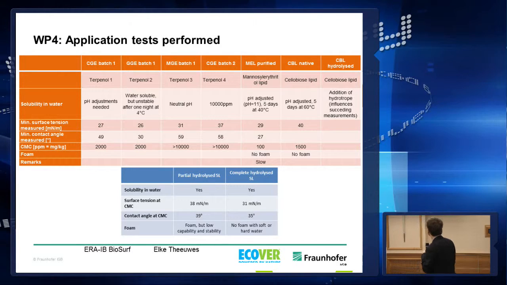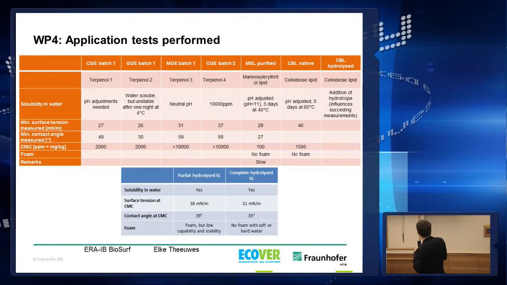Okay, here you see one chart of several compounds that went into these testings. On the bottom, the blue parts, the sophorolipids, are already part of products from EcoVer, so you here see them as a comparison. Surface tension and contact angle are typical measurements for surfactant properties.